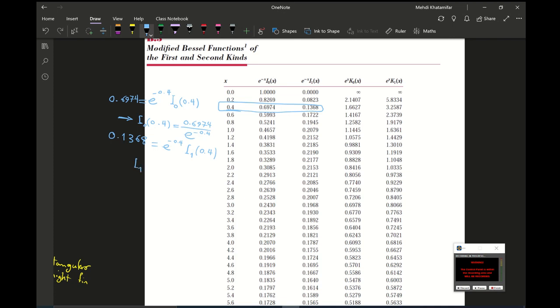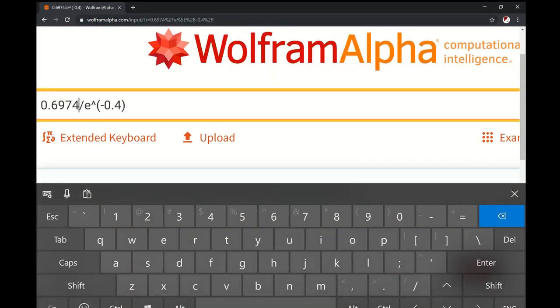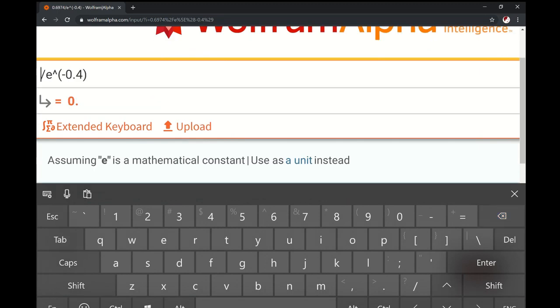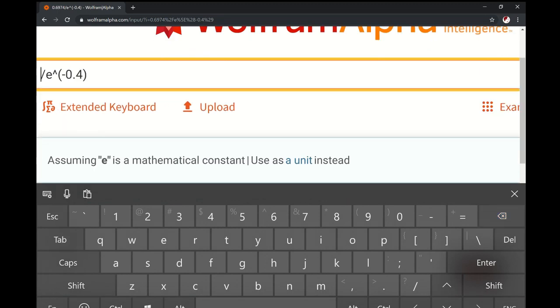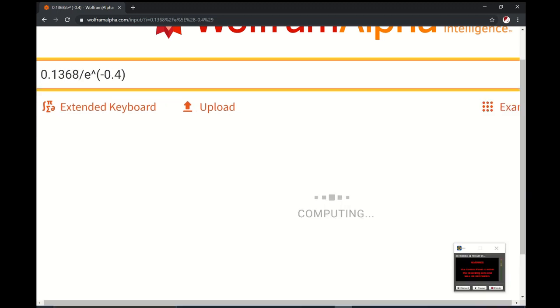Again, the Bessel function at 0.4 is going to be 0.1368 divided by e to the power minus 0.4. Let's do that one. 0.1368.